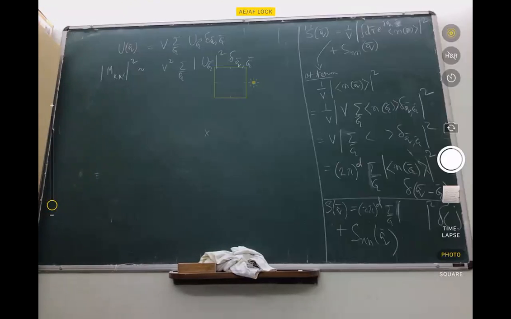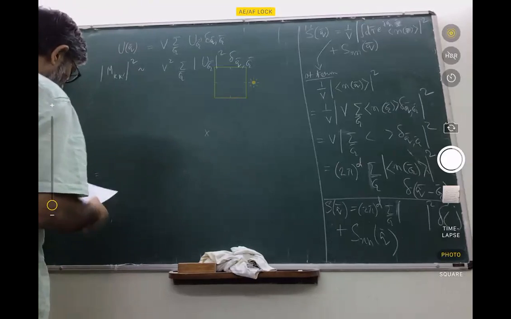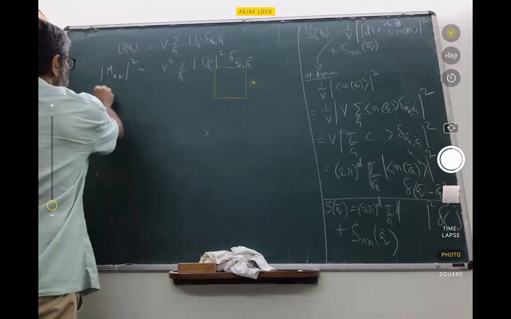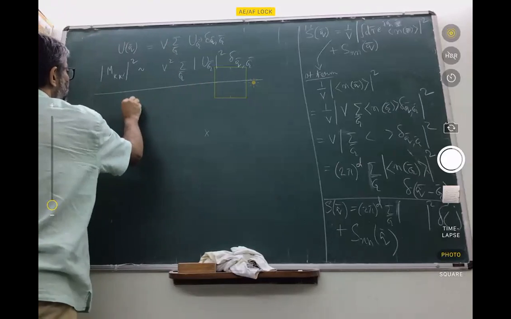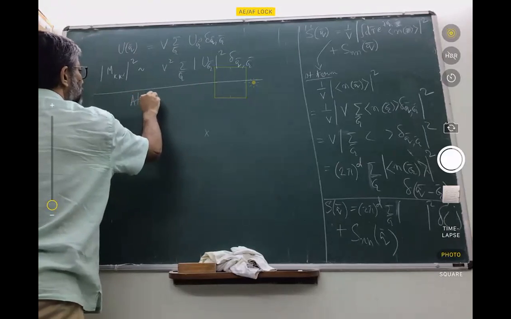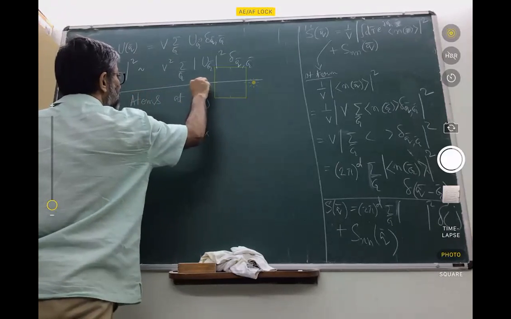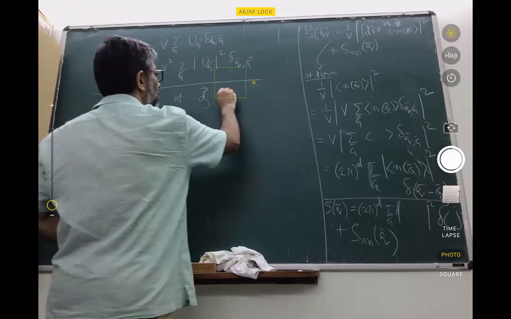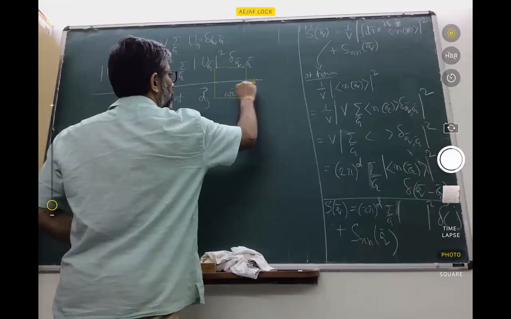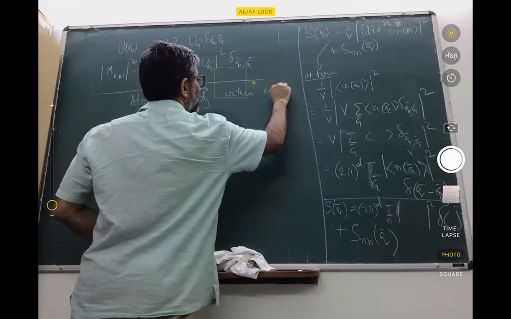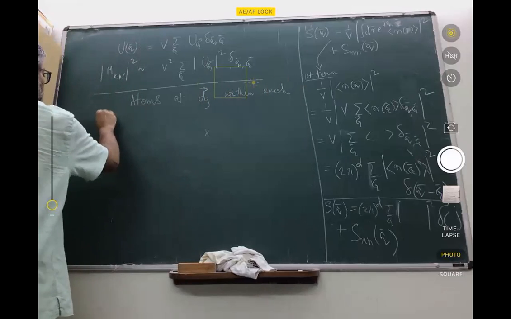So how do you calculate S(Q) in these cases? The complication comes because of multiple atoms in your unit cell. So suppose I have atoms at locations that I mark as d_j in each unit cell.